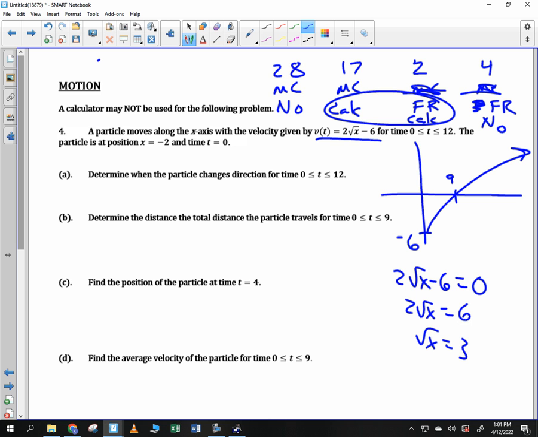9. So it looks like we drew a graph to determine when the particle changes direction. We say v of t changes from what to what? From negative to positive at time equals 9.